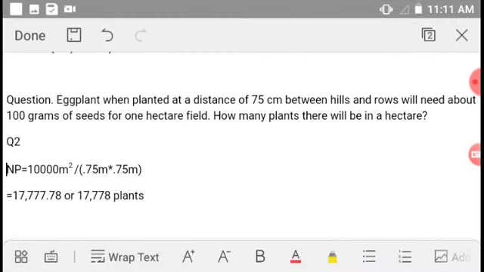So, another question. Eggplant when planted at a distance of 75 cm between hills and rows will need about 100 grams of seeds for 1 hectare field. How many plants will there be in a hectare? So, hinahanap niya kung ilan ang halaman na kailangan para sa isang hektarya. So, yung given natin, 75 cm.